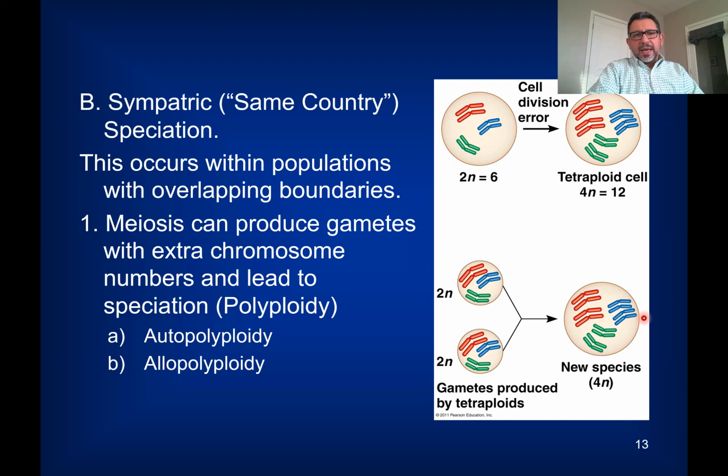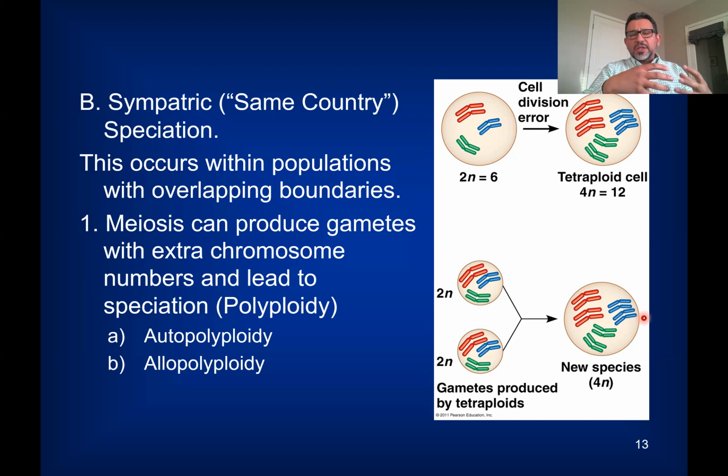Sometimes the extra sets of chromosomes can be the result of allopolyploidy, and this is when, for example, you have one diploid plant of one species and another diploid plant of a different species end up, for some reason, crossing.